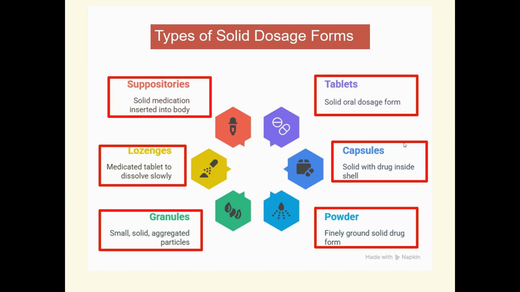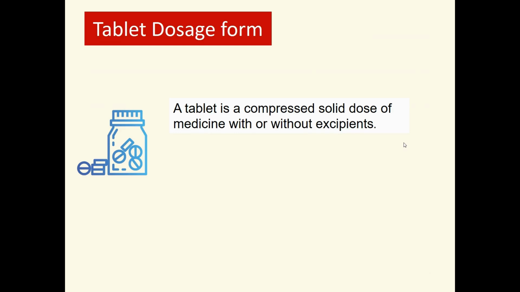So here, let's start with tablet dosage forms. Tablets are the most commonly used of the drug dosage forms. A tablet is a compressed solid dose medicine, which may contain excipients or may not.